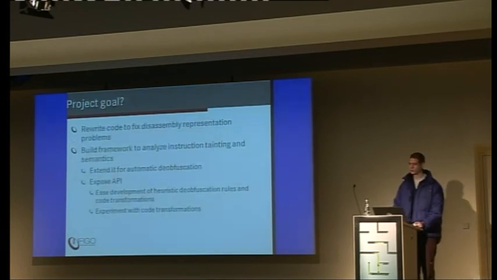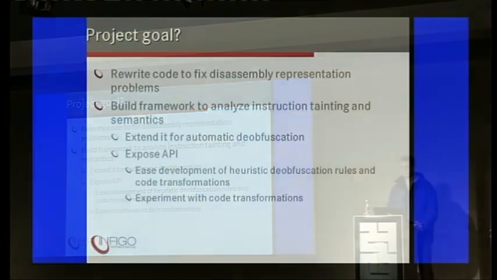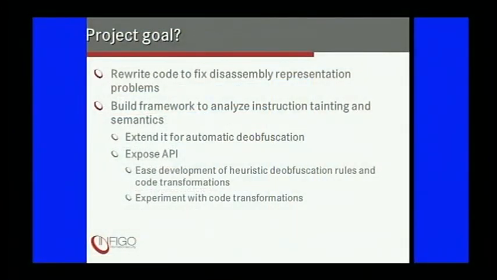Project goal: to rewrite code to fix disassembly representation problems. So if you have a disassembly listing, you would like to join all the code that is associated with a specific function and rewrite it to another segment. In that segment, you can exploit all traditional code analysis tools and plugins, like, I don't know, the decompilation plugin for IDA or your own algorithms that work on traditional code.